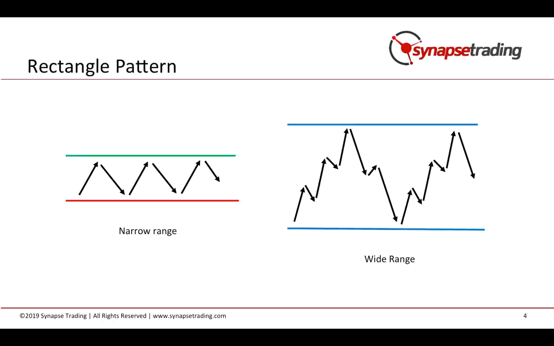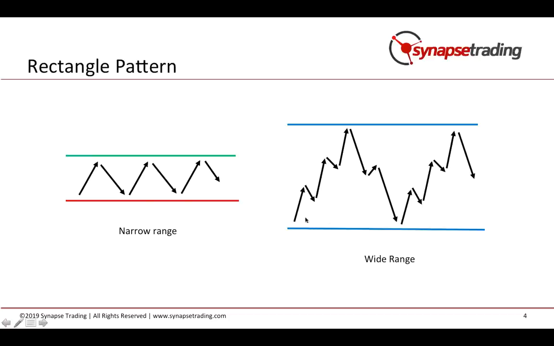So this is basically how the pattern looks, the narrow range pattern and the wide range. The main way to differentiate between the 2 types of pattern is to look at how long it takes the price to get from one end to the other. For example, in a narrow range, each move could encompass maybe just 5 to 10 bars.